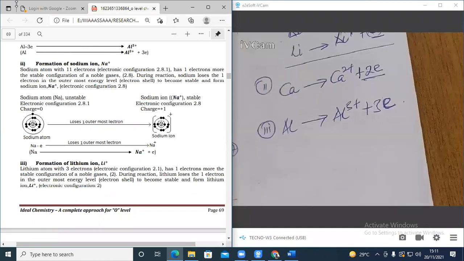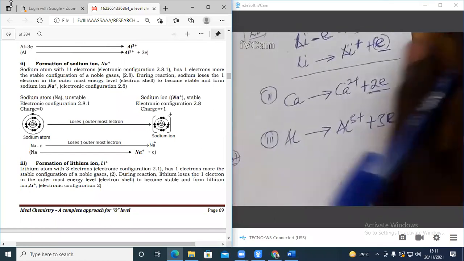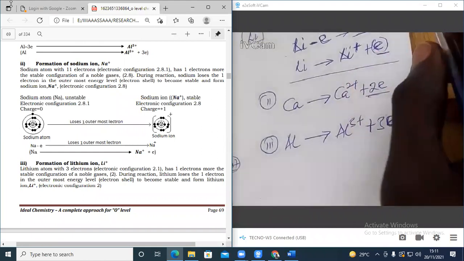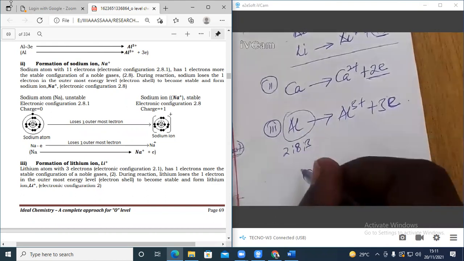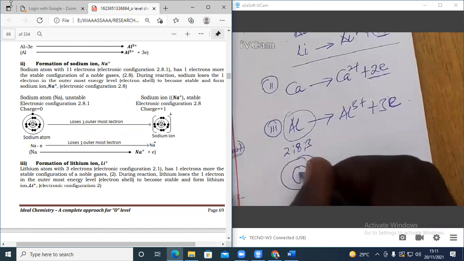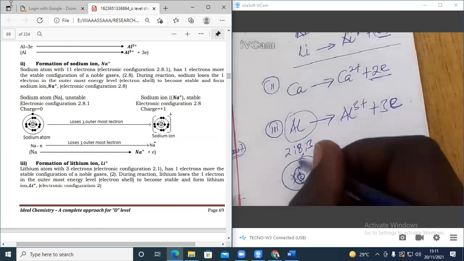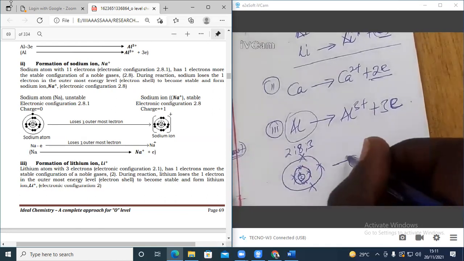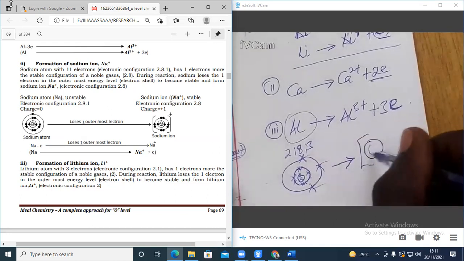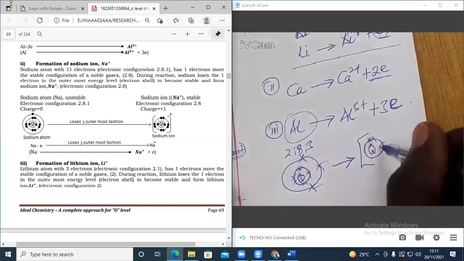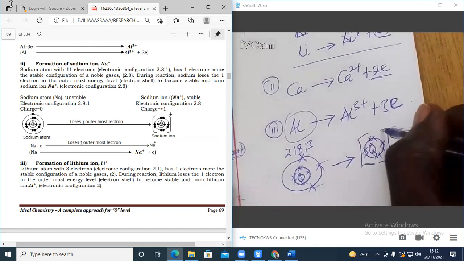So if they ask you to show using the electronic structure, you should know how aluminium looks. Aluminium is 2, 8, 3. When it becomes an ion, it loses the 3 electrons, so the other 2 shells remain, 2 and 8. So it has lost how many electrons? 3.